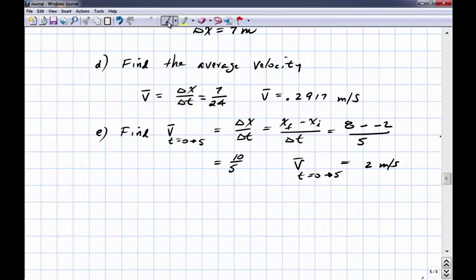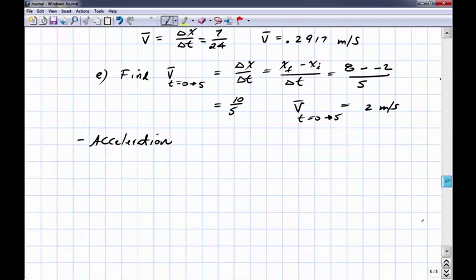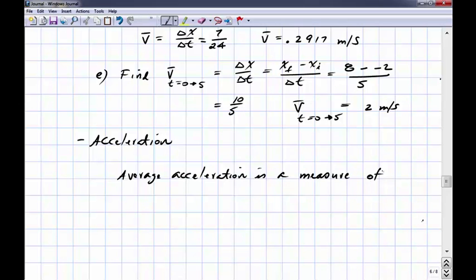We will now introduce the definition of acceleration. Average acceleration is a measure of the rate at which velocity is changing.